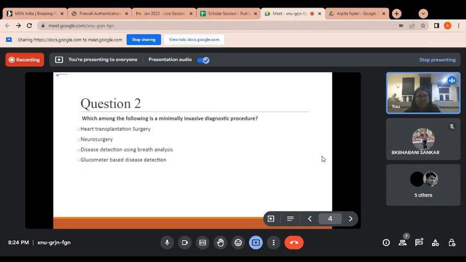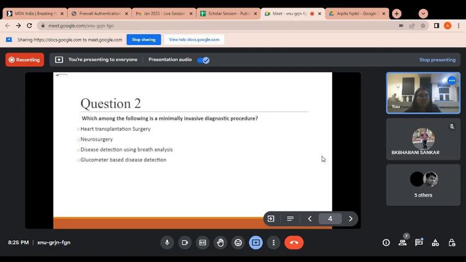So what is happening for the glucometer based disease detection? Inside, outside, or we take only a drop of blood? Glucometer is inside, ma'am.